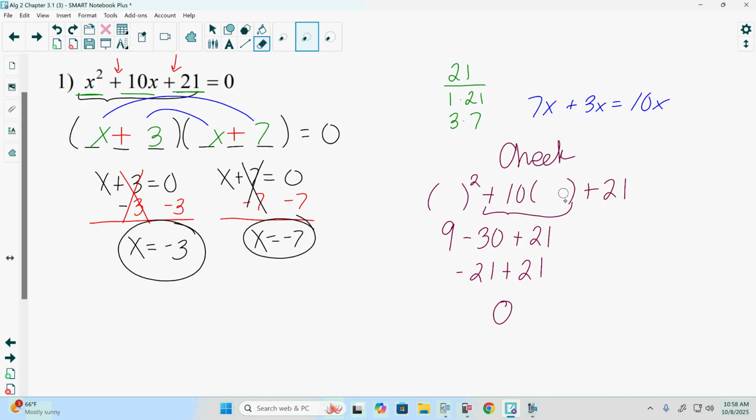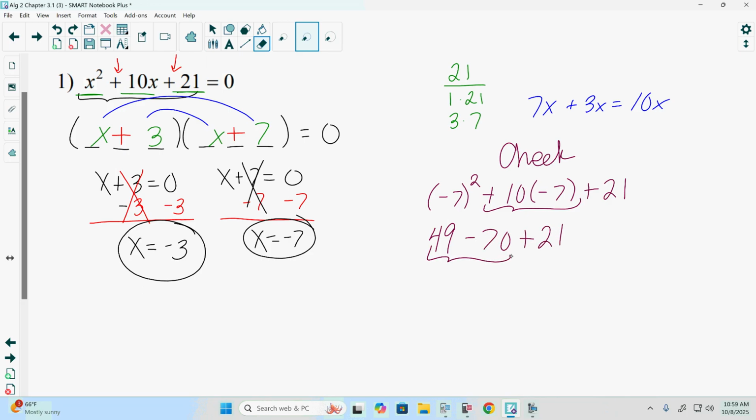We can do the same thing, but instead of negative 3, we'll plug in negative 7. Negative 7 squared, negative 7 times negative 7, is going to be positive 49. 10 times negative 7 is negative 70, plus 21. 49 minus 70 is negative 21, and 21 plus negative 21 is still 0.